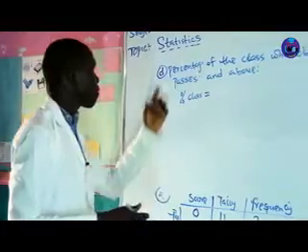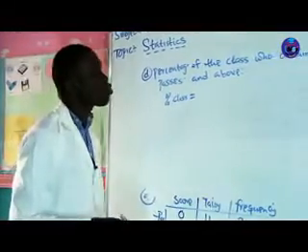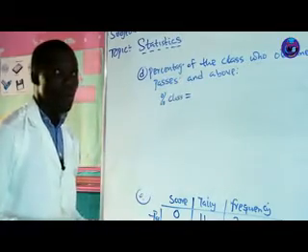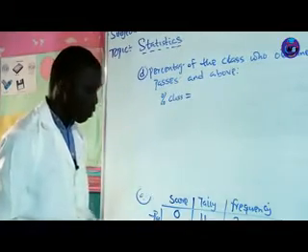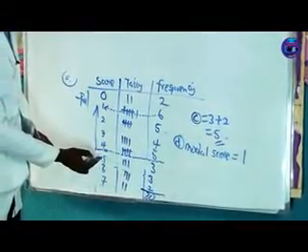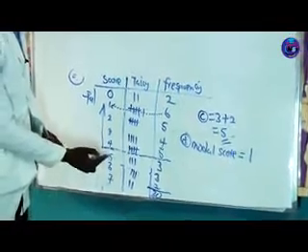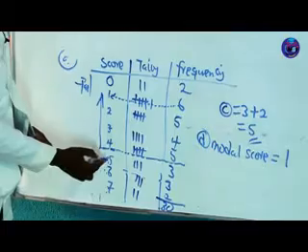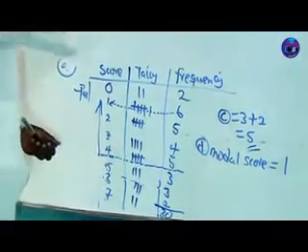We want to find the percentage of the class who obtain 5 passes and above. If you look at our frequency table, from here we have 5. 6 is above 5, 7 is above 5. So the least is 5 according to the question given to us.